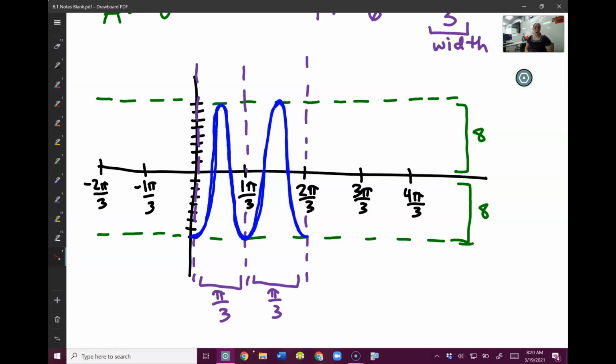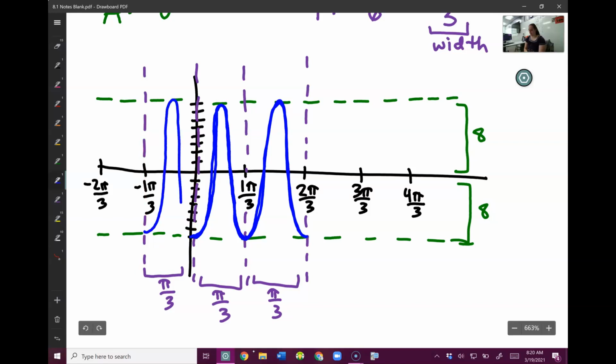We can even go to the left instead of to the right. Let's go pi-thirds width this direction. And now I've created another box that I can fit my cosine shape wave into. Bottom, top, bottom.